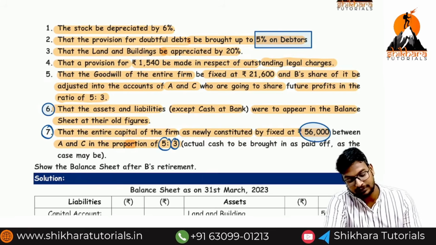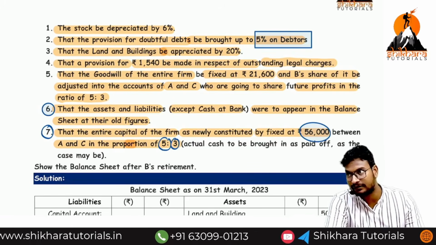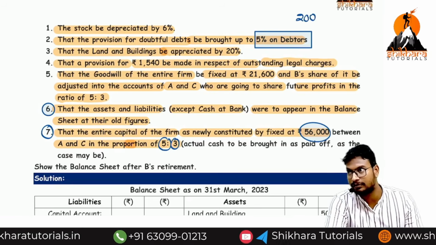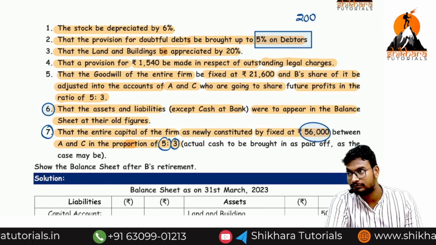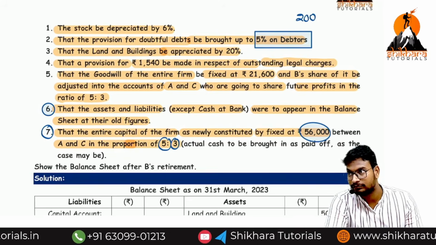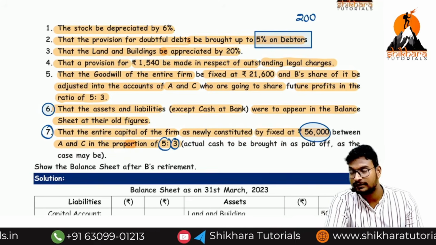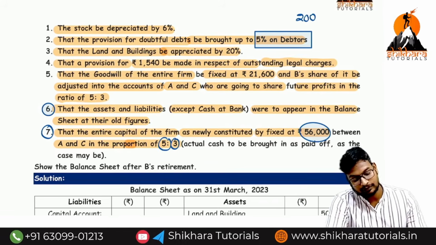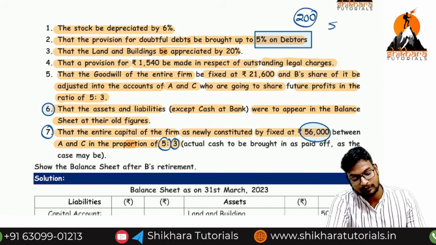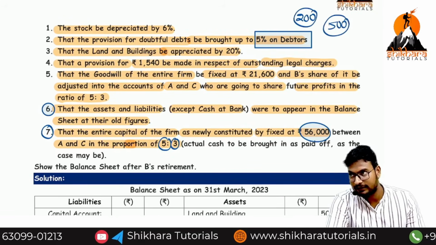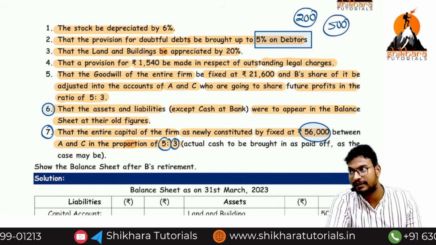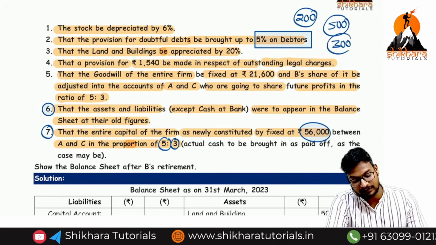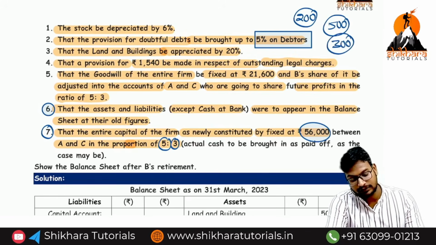Okay, now why they have reduced means already how much provision we are having? 200 we are having. For that reason, we need to reduce it. So 5% we have calculated, how much we have got? 500. Already how much provision we are having? Opening balance. So for that reason they are doing 300. So reduce there.